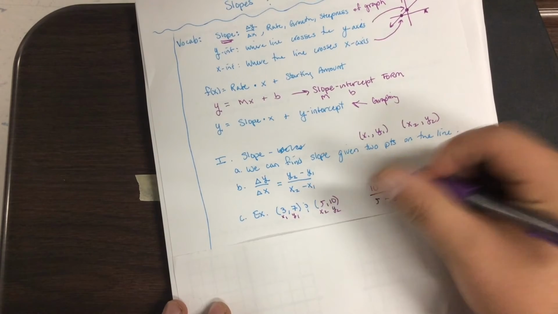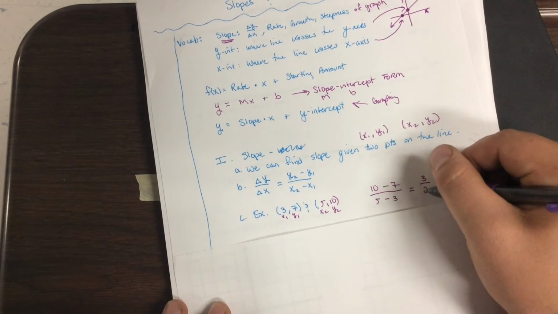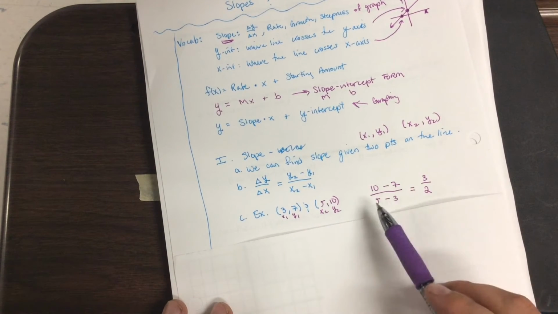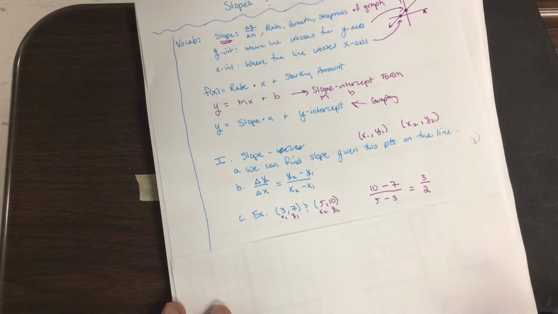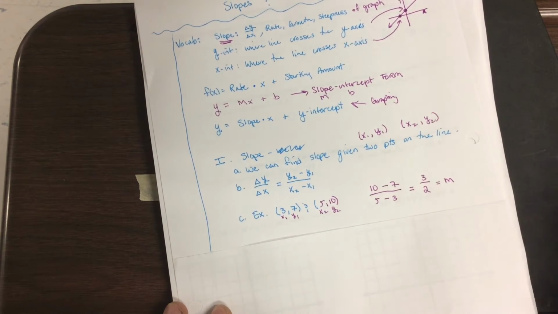Therefore, the slope of this line is 3 over 2. I'm just doing the subtraction straight across. 10 minus 7 is 3, 5 minus 3 is 2. So we can call this the slope, and we'll use this letter m for slope.